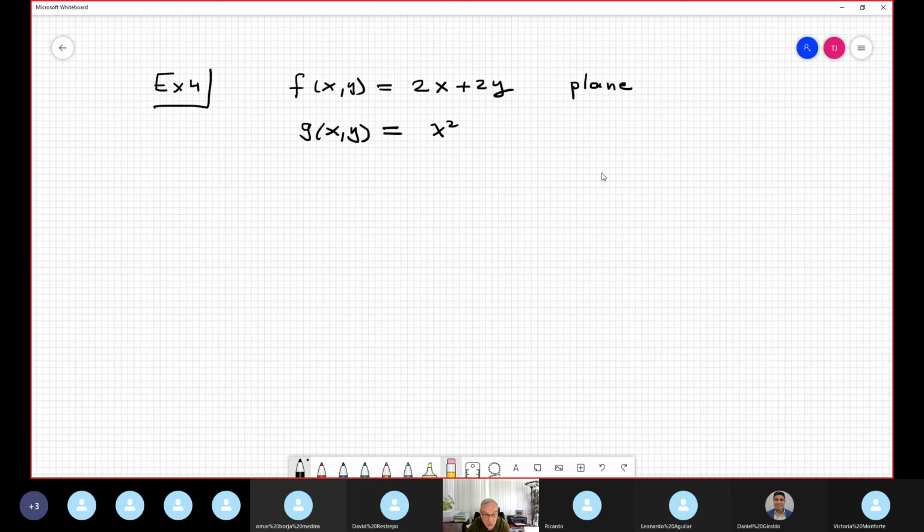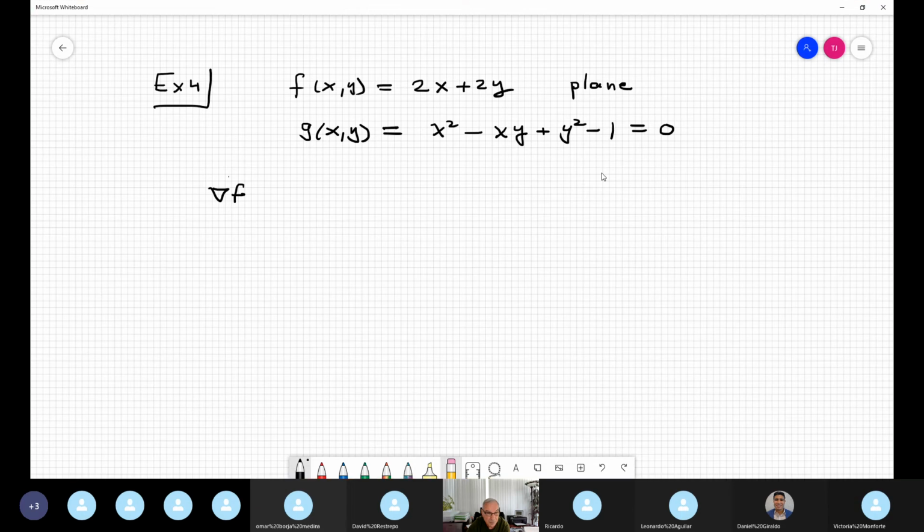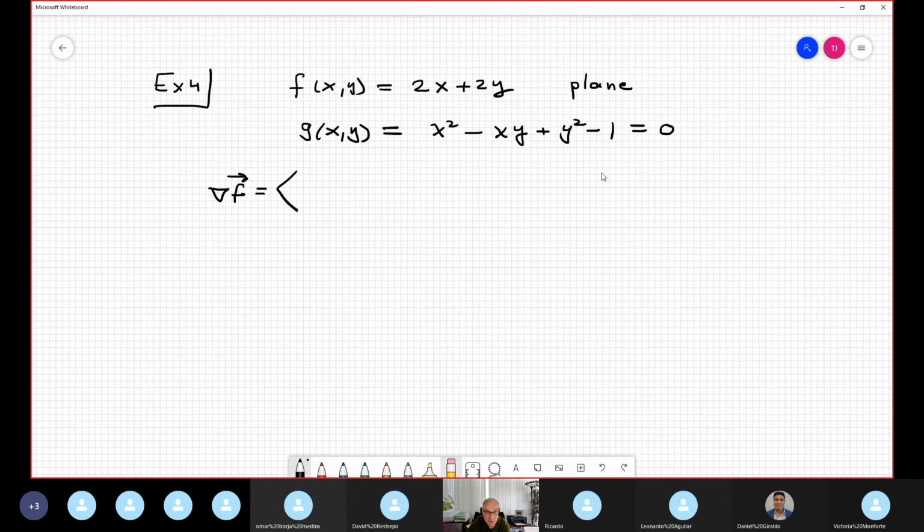So now the constraint equation is x squared minus xy plus y squared minus 1 equals 0. Okay, I have no idea. This is maybe a cylinder of some kind, but not a classical cylinder, because z is missing. Okay, so you compute the gradient of f. The partial derivative of the function f with respect to x is just 2.